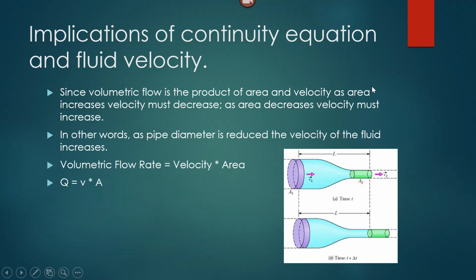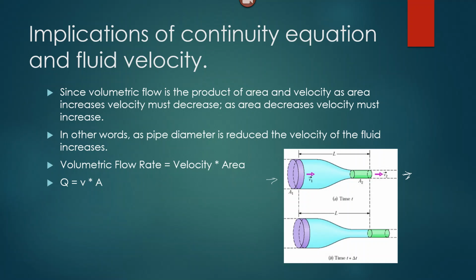So what are the implications of the continuity equation and fluid velocity? Well, we know that the volume of fluid entering this pipe has got to be equal to the volume of fluid exiting the pipe.